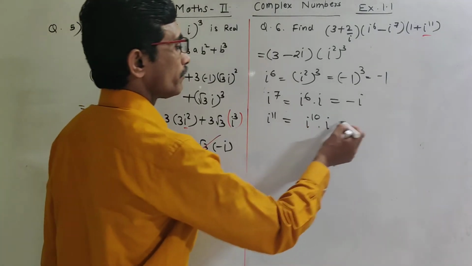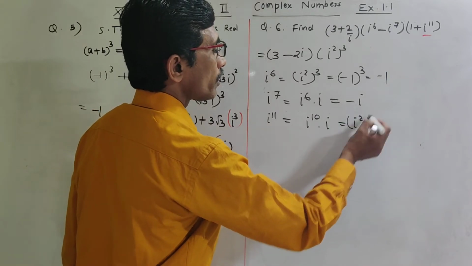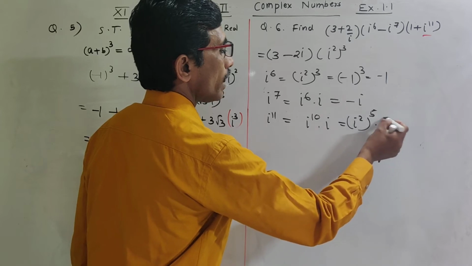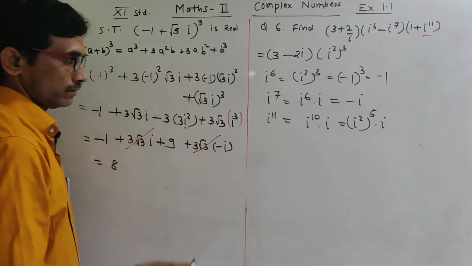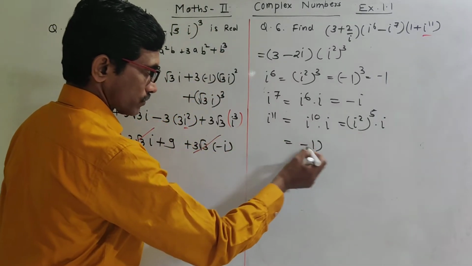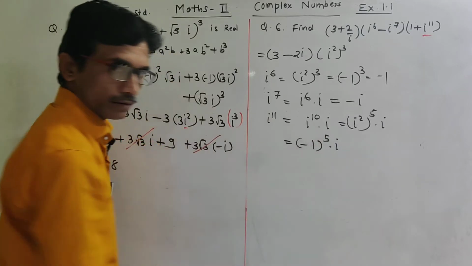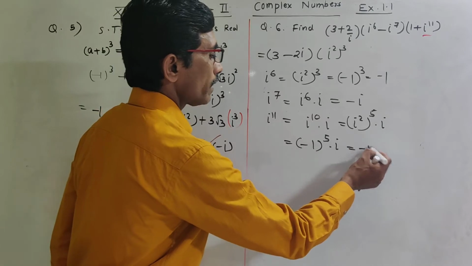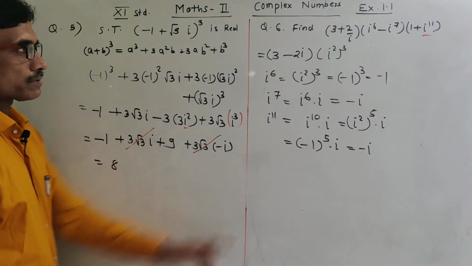Now i raised to power 10 we write as (i square) raised to power 5, and i square is -1, so this is equal to (-1) raised to power 5 into i. So -1 raised to an odd power is minus, so it is -i.